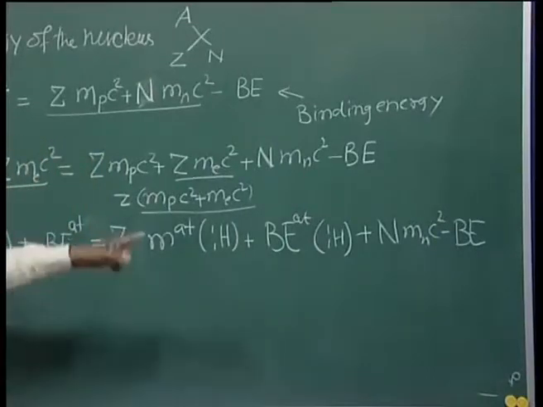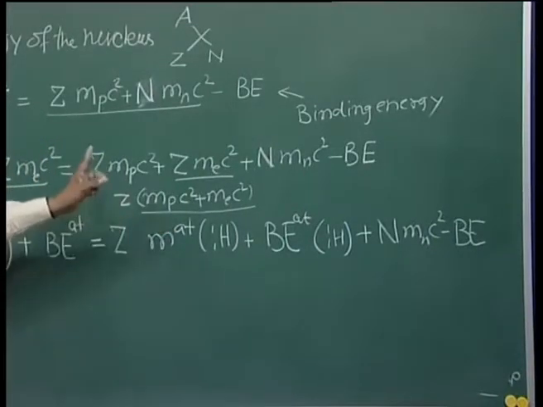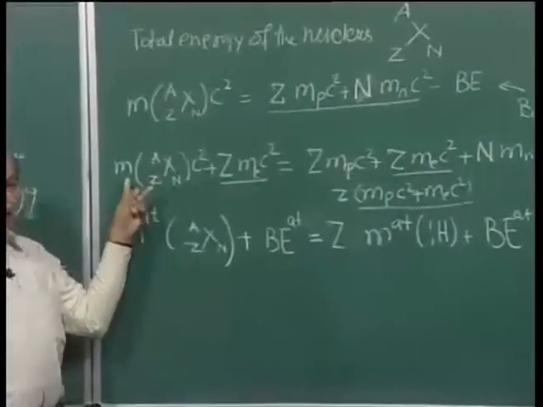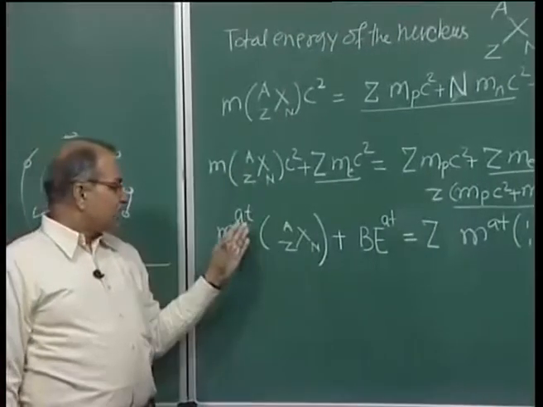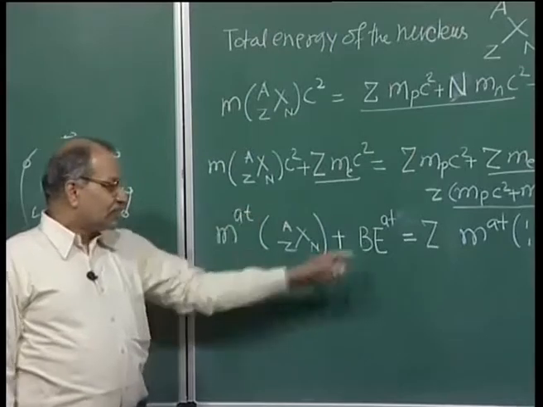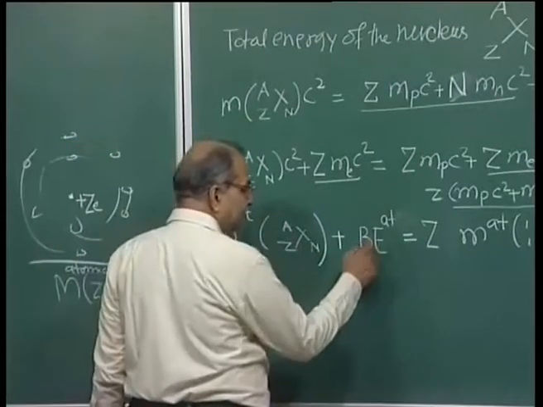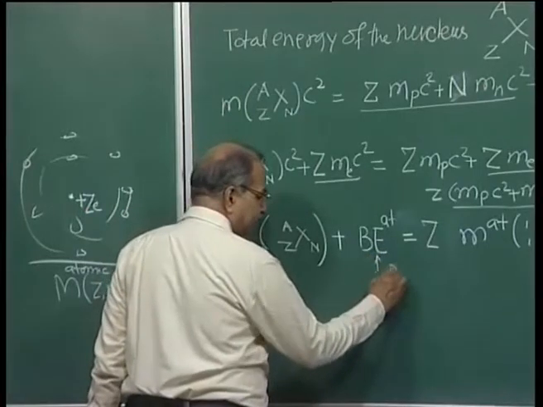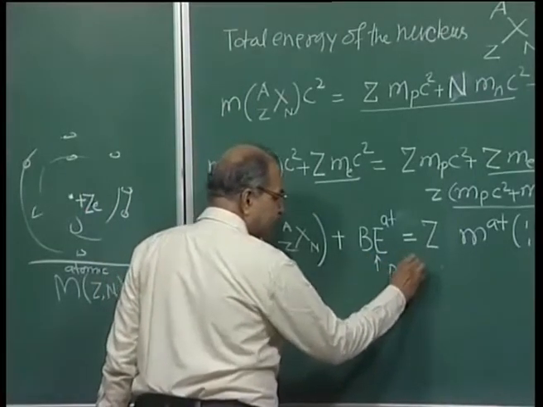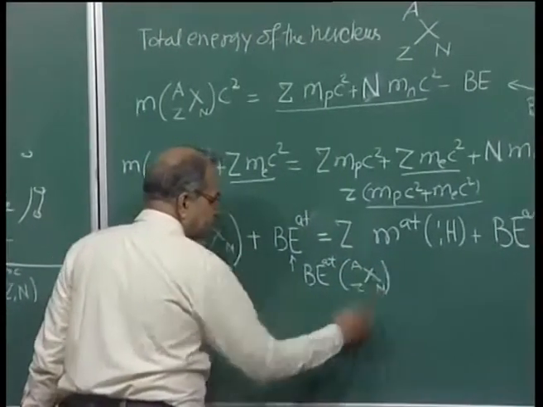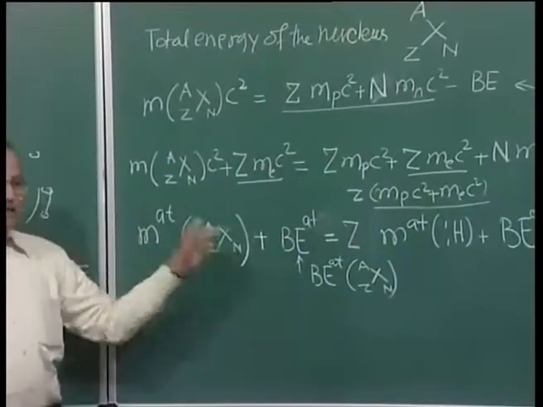What is that last binding energy I am writing? Binding energy of nucleus is the same Be which I have written to start with. This is all nucleus, and if I put AT on top, that is atomic binding energy. Binding energy of which atom it is? Of this atom, right? Of this atom.